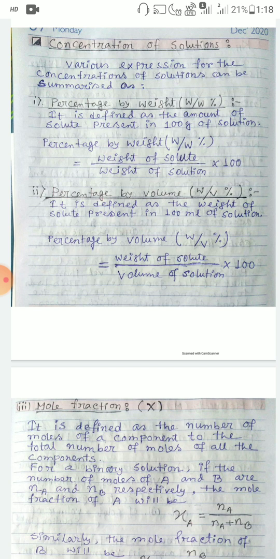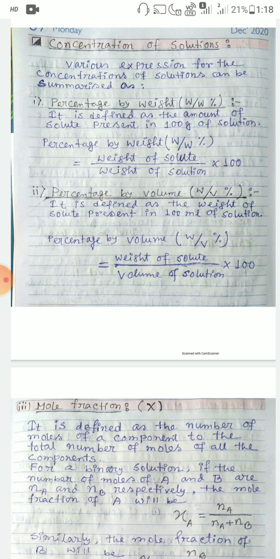Second method is percentage by volume, or W/V percentage, or volume percentage. It is defined as the weight of solute present in 100 ml of solution. Here you have to use the volume of solution. In case of weight percentage, the amount of solute is present in 100 gram, that is, the mass of solution.